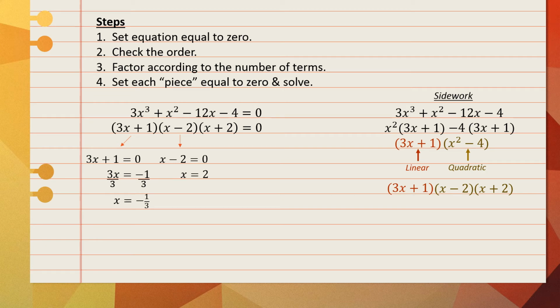Again, we want to solve for x, so we add 2 to both sides, and we find x equals positive 2. The last piece is x plus 2, and we must set that equal to 0. And again, we solve for x by subtracting 2 on both sides. And these are your solutions. X equals negative 1/3, positive 2, and negative 2.